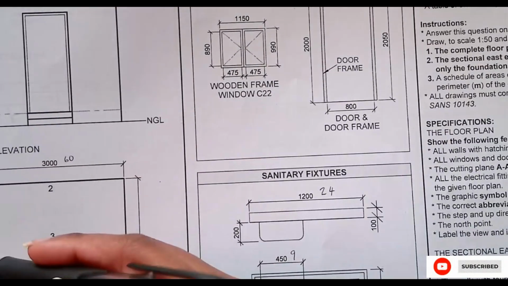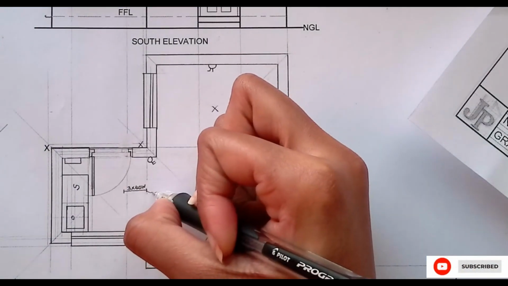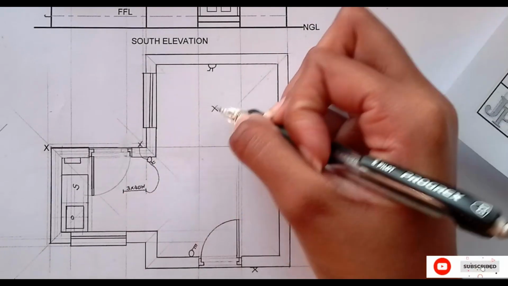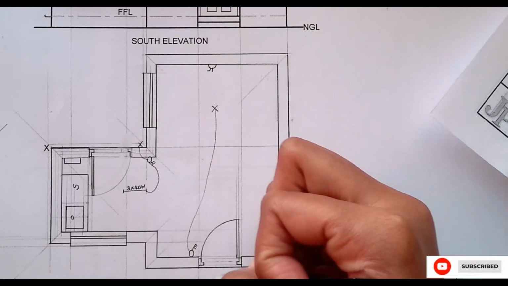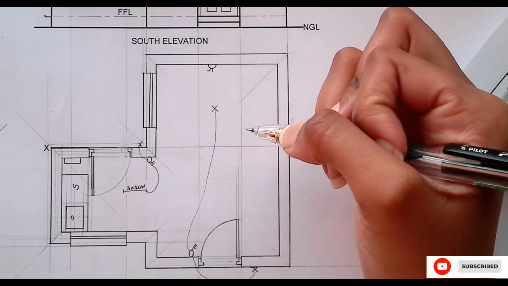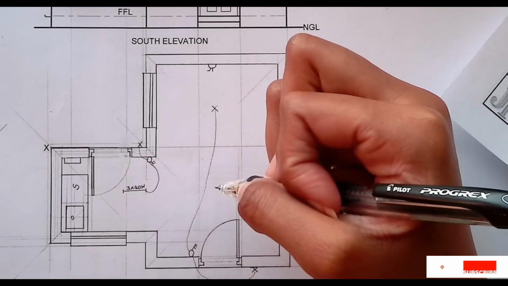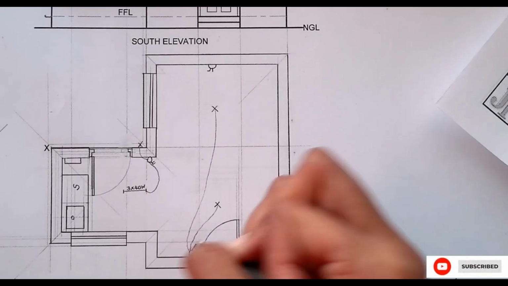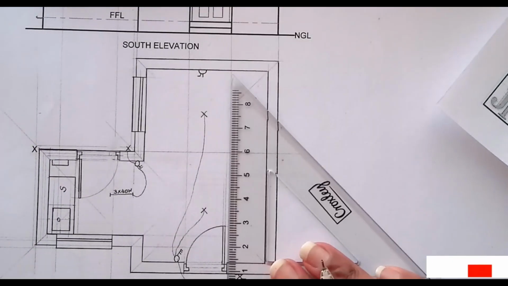So 5, 4 are connected to 6. 5, 3, 3 are again connected to 7. You must never use your ruler to join this. Then what else is connected here? There's 3. What's 3? The ceiling light. Okay, we have another ceiling light here, which is also connected there. So that's your connection. Then I'll just draw my step outside, which is 5 millimeters.